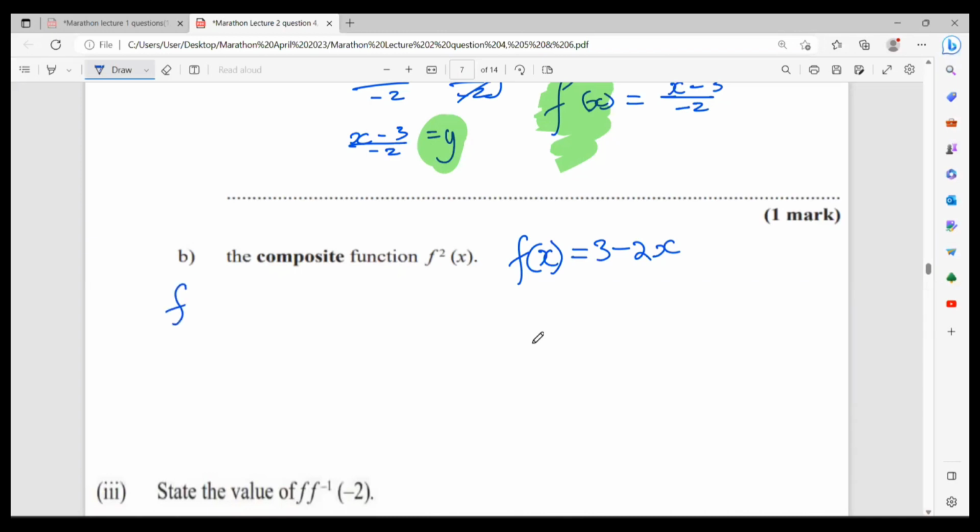Remember, the square of f of x really means that f will go into f. You need to know that that's what it means. So then you start off your function with your f, and you're going to take up the same f.